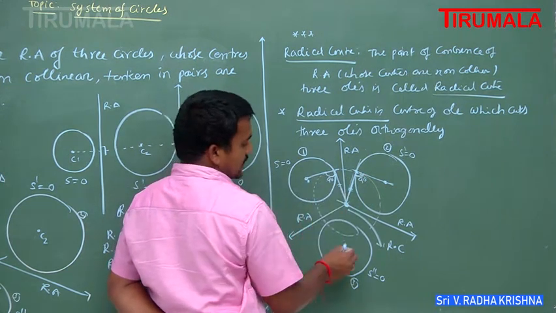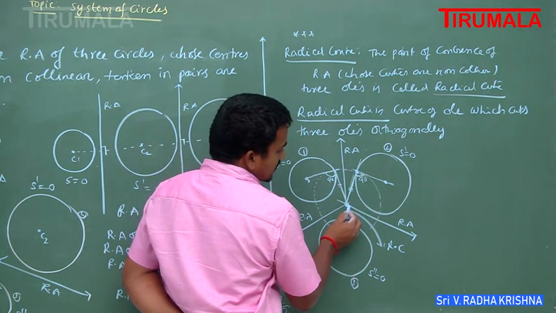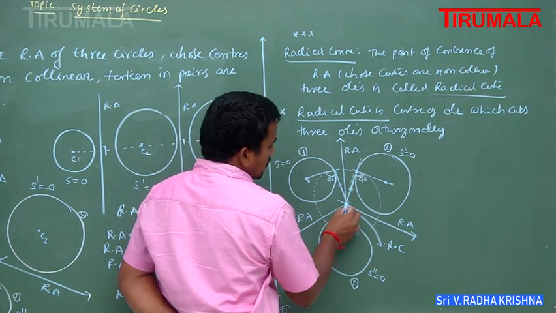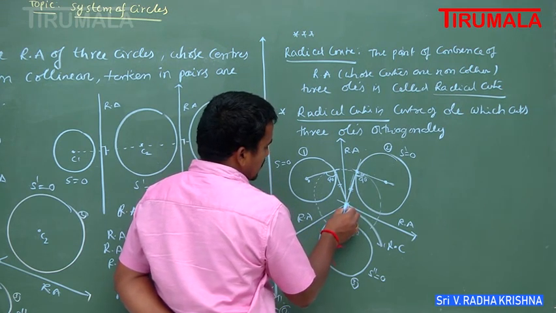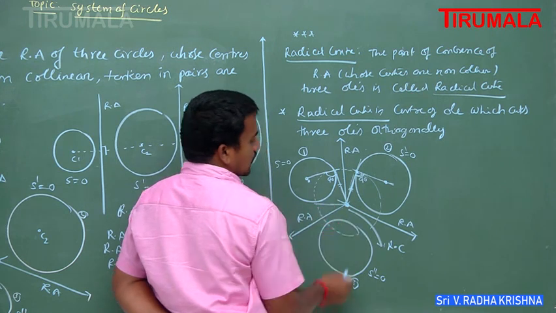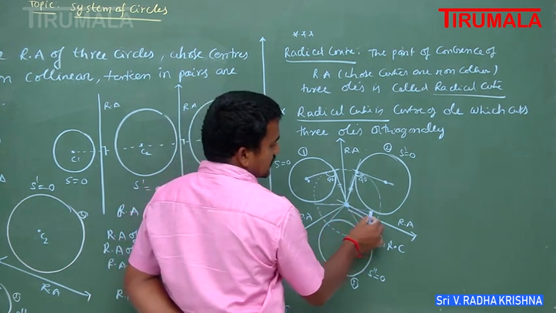This is also 90 degrees. This is also applicable for a point on the radical axis. This is a tangent, this is a tangent, all the lengths are equal.